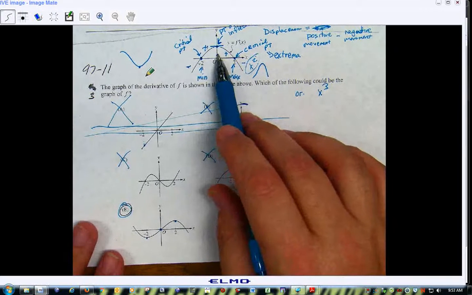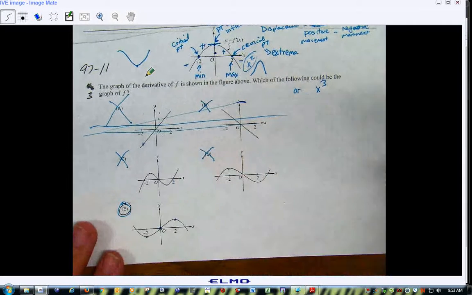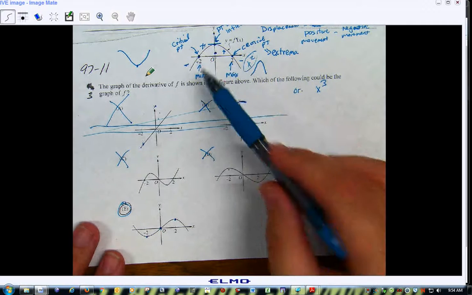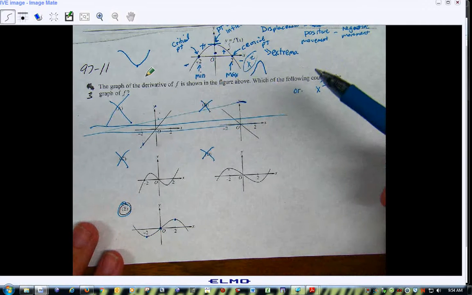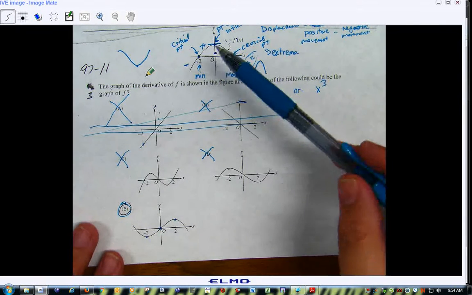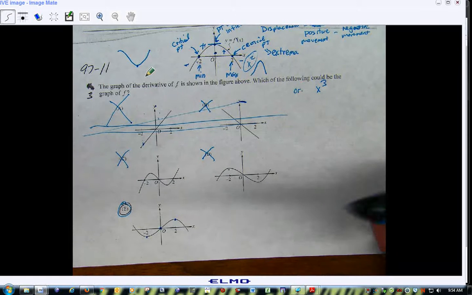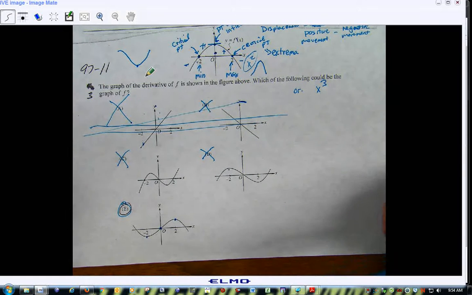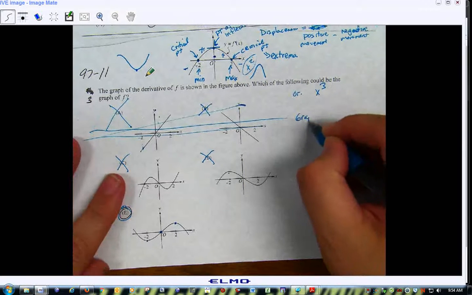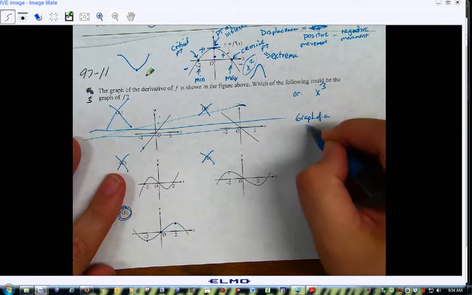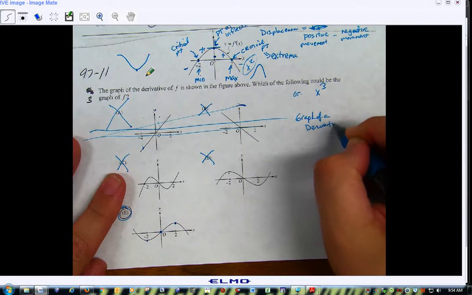And then we have to take a look and say, all right, which ones are going to work? I would always look for the biggest things when you're looking at the graph of a derivative. You want to look for minimums and maximums.